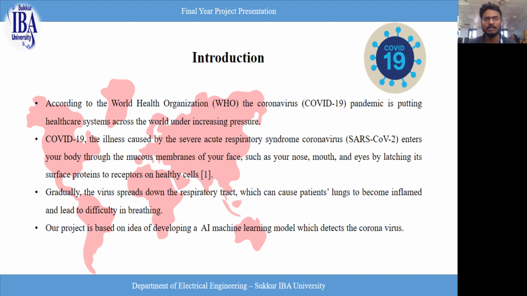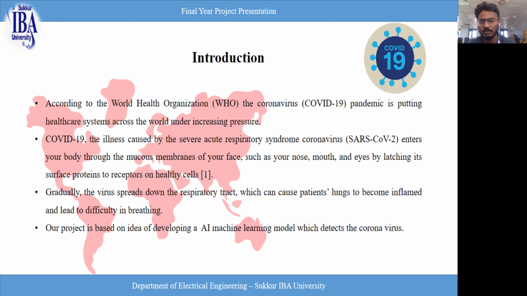According to the World Health Organization, the coronavirus pandemic is putting healthcare systems across the world under increasing pressure. COVID-19, the illness caused by the severe acute respiratory syndrome coronavirus, enters our body through the mucous membranes of our face, such as our nose, mouth, and eyes, by latching its surface proteins to receptors on healthy cells.